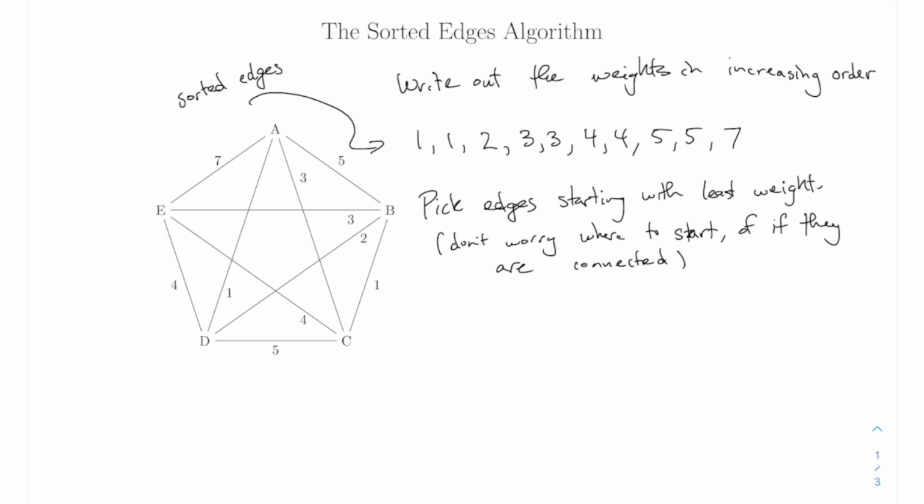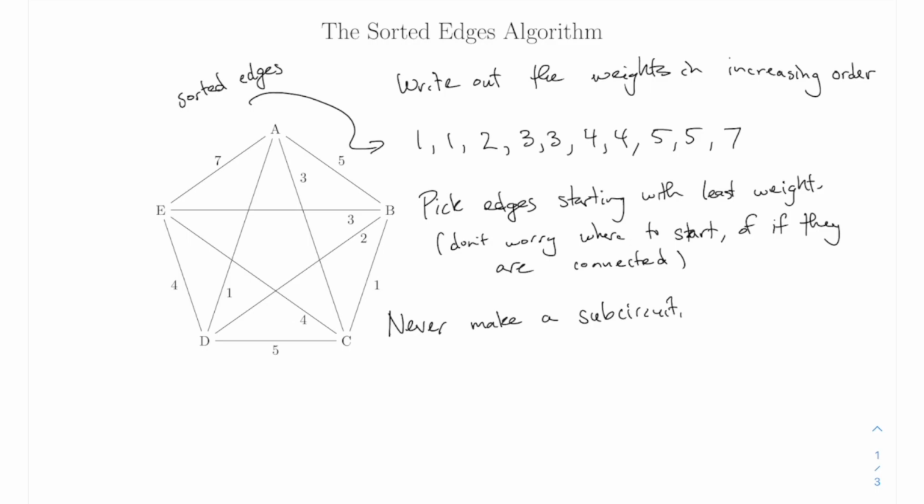The only rule is, every time you pick a new edge, you have to make sure it doesn't make a subcircuit and it doesn't have three chosen edges meeting, because as we all know, those things are illegal for a Hamilton circuit. So I'm going to say never make a subcircuit. These are the same rules that we've always talked about concerning Hamilton circuits.